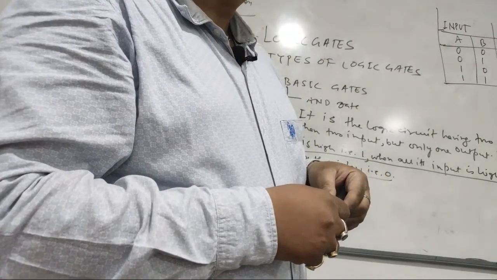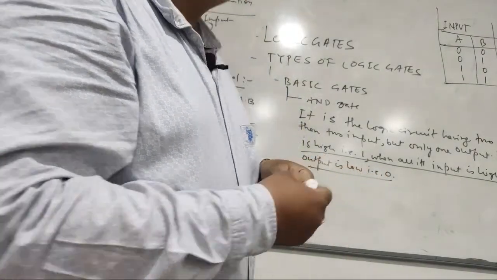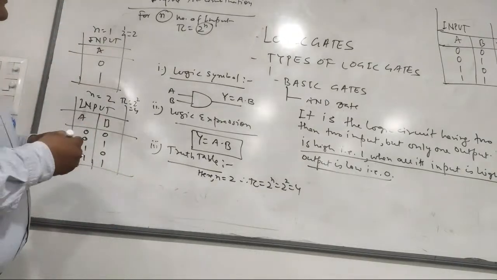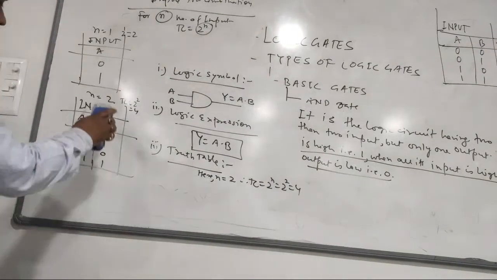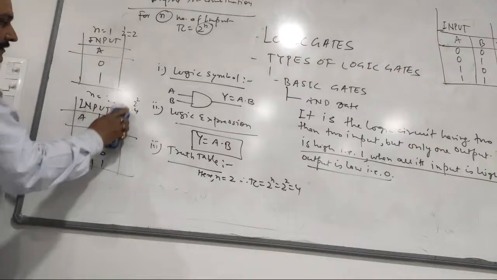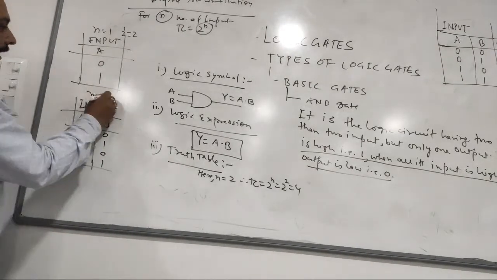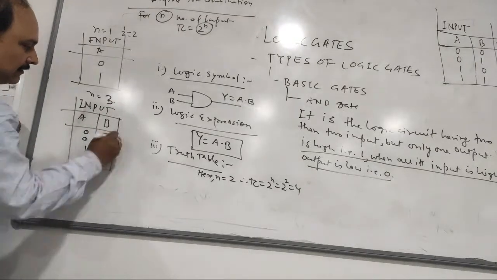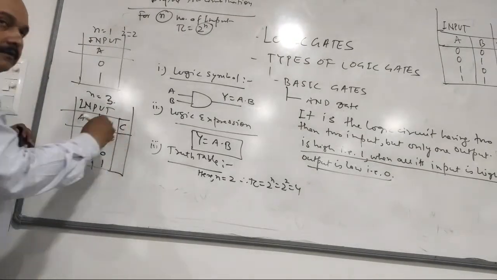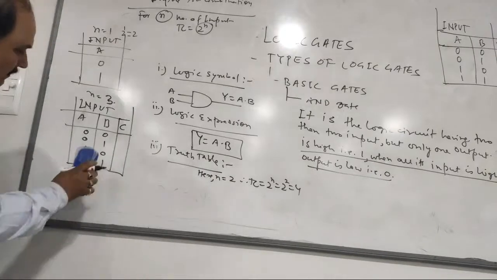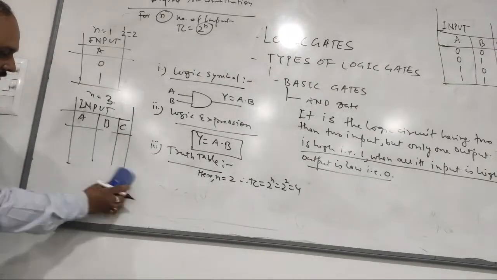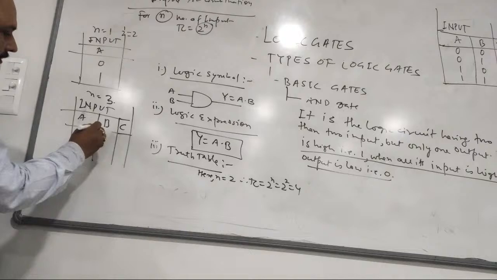Take n equal to 3. When n equal to 3, you have to maintain 3 input columns.